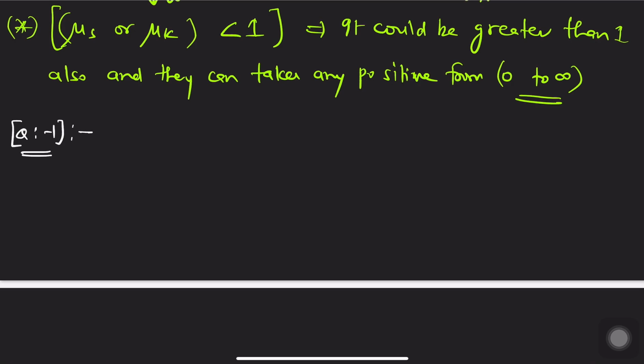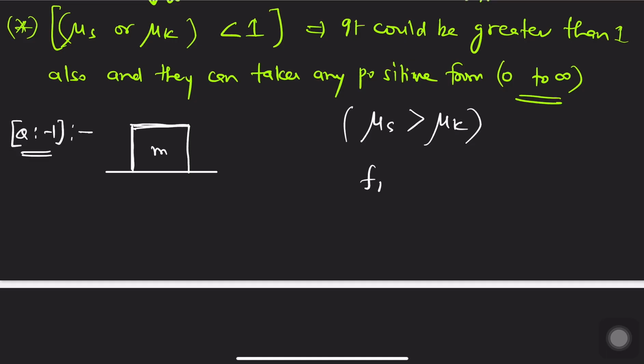The very simple question I'm asking you is, let's say there is a block M. Remember one thing also, that mu s will always be greater than mu k, because f limiting is always greater than f k.